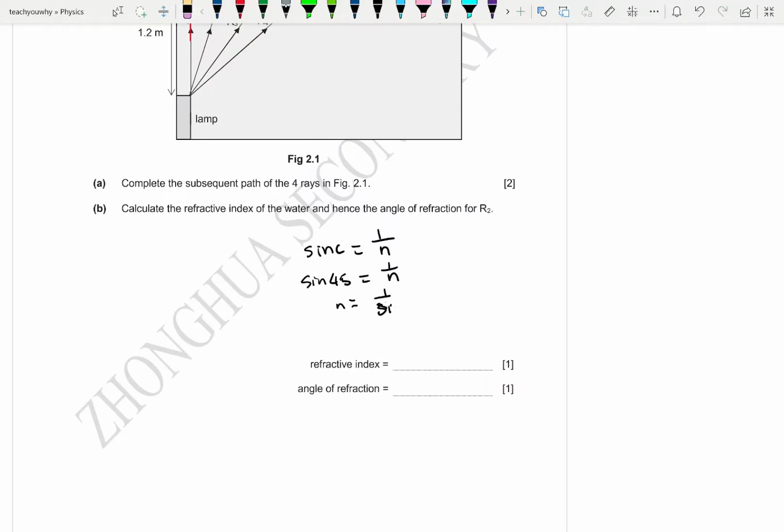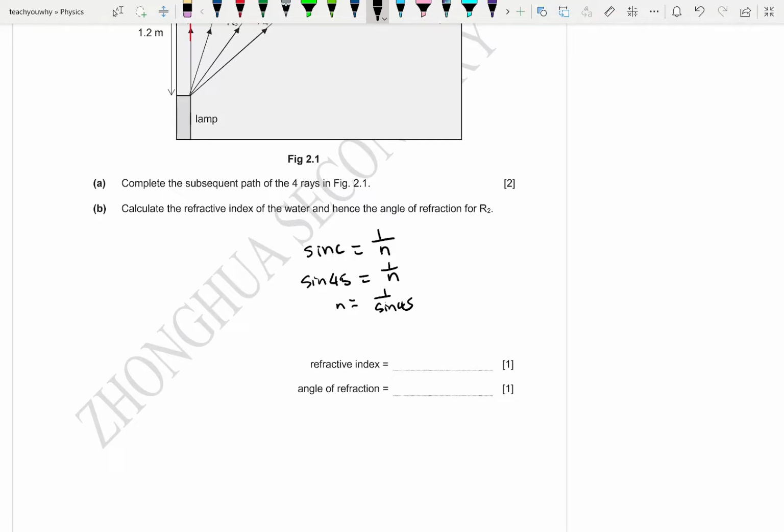No, hold on. Sine 45. So let me find my calculator. One divided by sine 45.